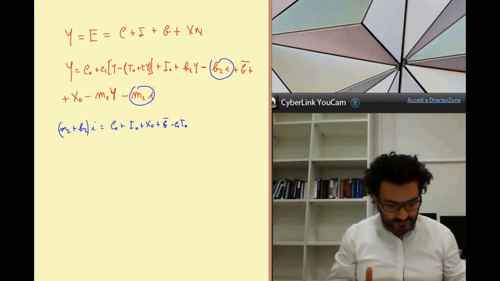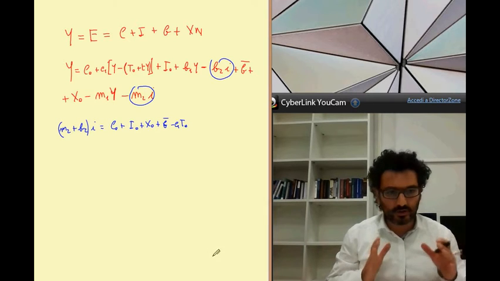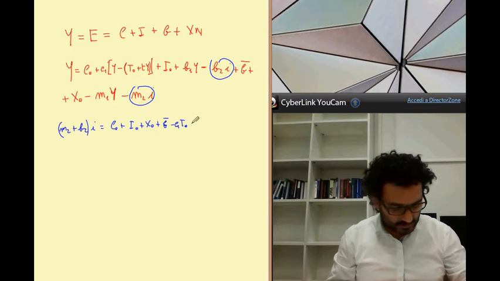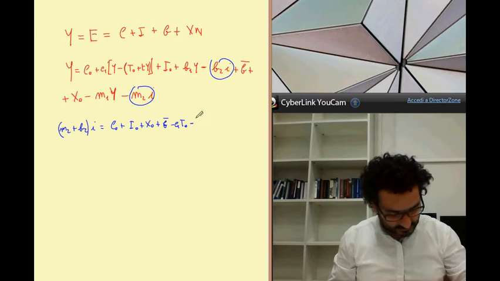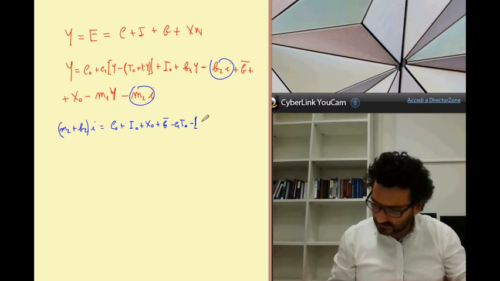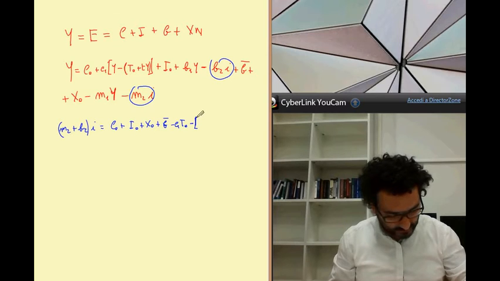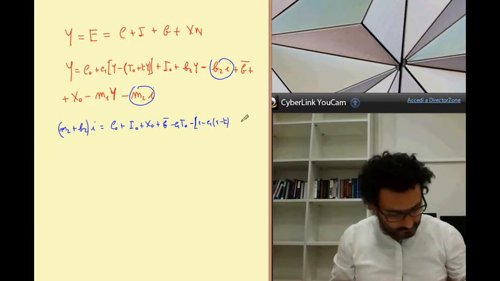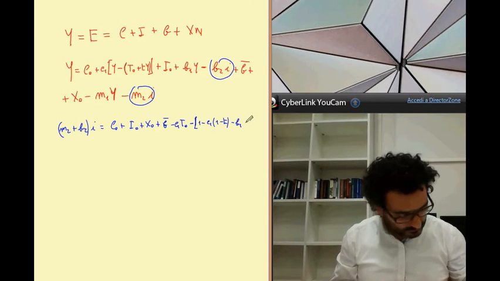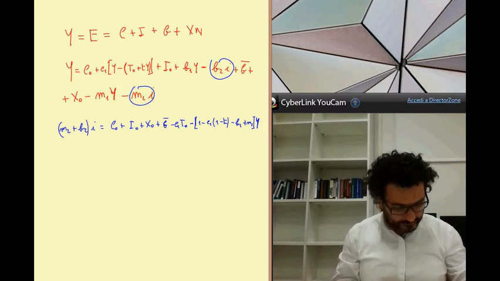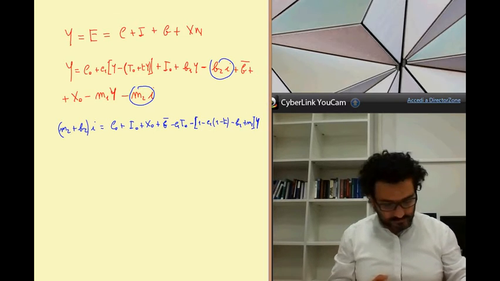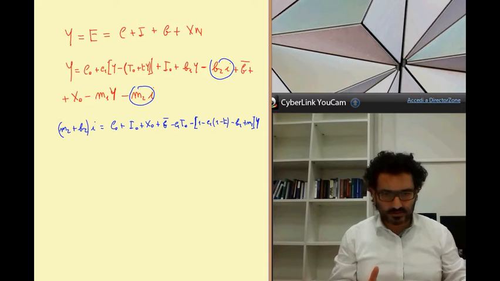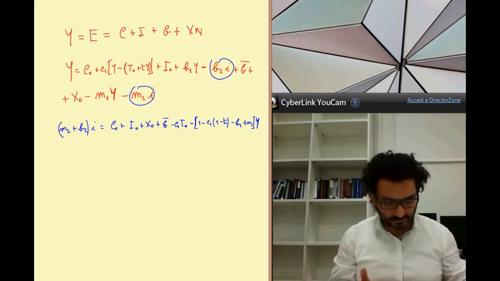And then we have the other part, which we collect in Y. You can easily check that, if the computation is exact, we will have minus 1 minus C1, which multiplies 1 minus t, which is the denominator of the multiplier, minus b1 plus m1, which multiply the level of income. You can easily check that you can obtain this relation from the previous.